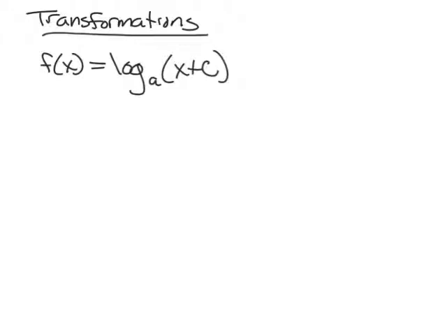So we will start with our translations, and the first example is f of x is log to the base a of x plus c. The c is inside the argument, so that's a horizontal shift, and it's going to be counterintuitive, so that would move to the left by c.